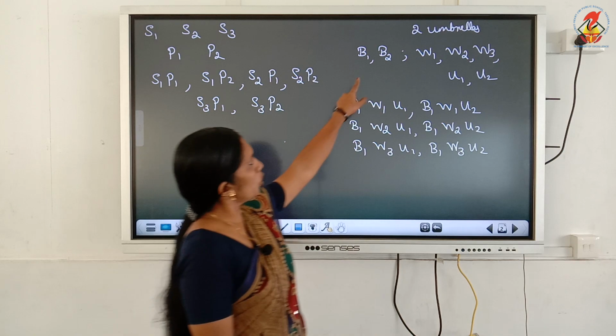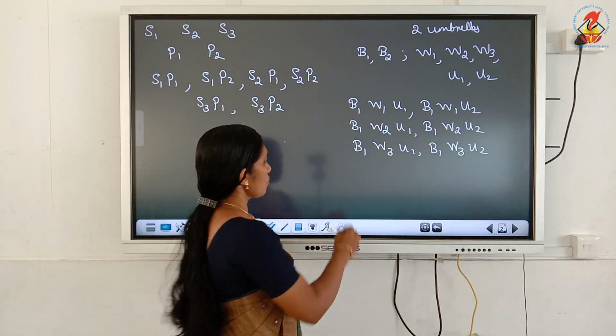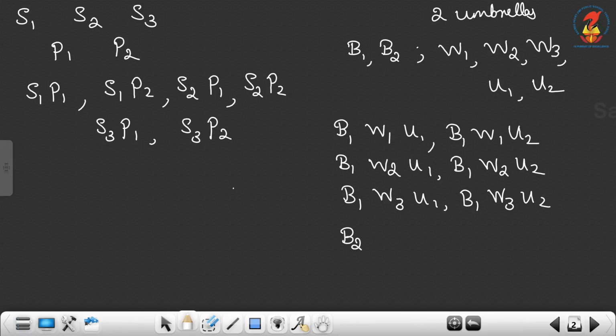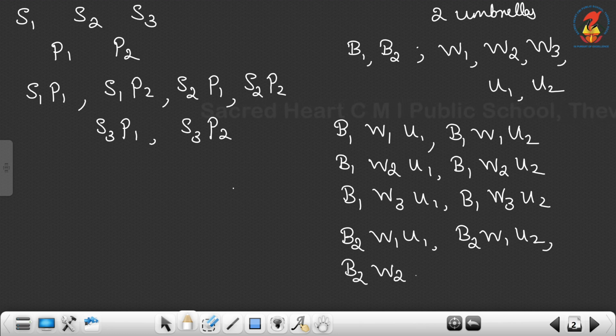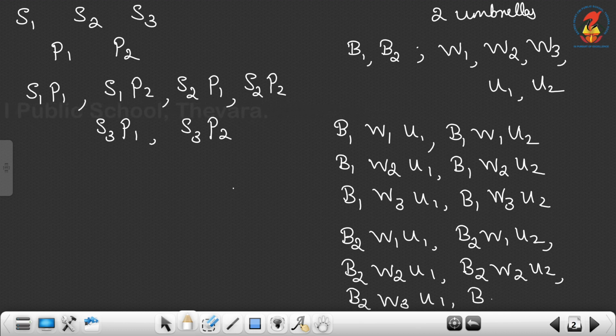Now we have one more bag, that is B2. So B2 W1 U1, then B2 W1 U2, then B2 W2 U1, B2 W2 U2, then B2 W3 U1 and B2 W3 U2.